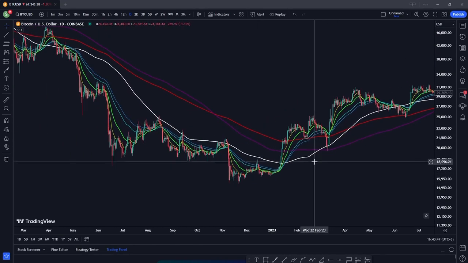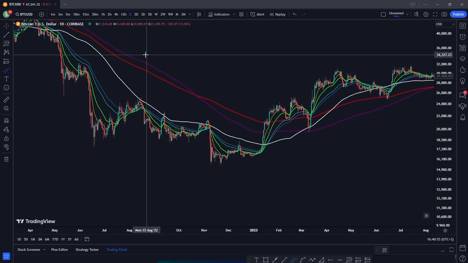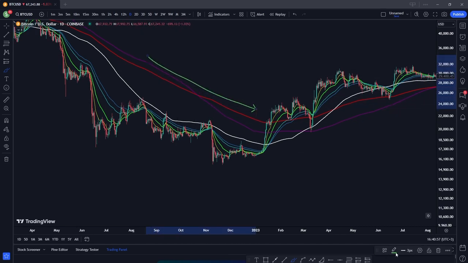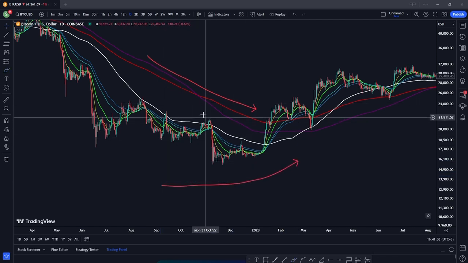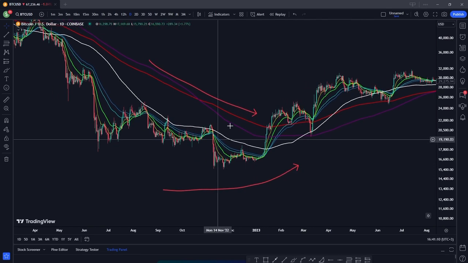That's not the best apex, to be honest, but look, it's very similar to the one I showed you in 2018. There is a red 200 coming on top of the price. There is a white 200 coming underneath, but here it's a bit different. Here I must admit it's a bit different apex, but it's similar.